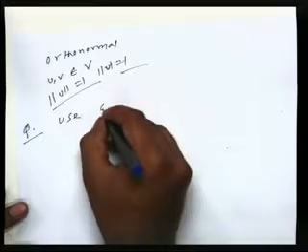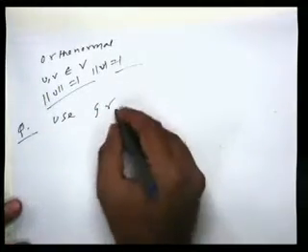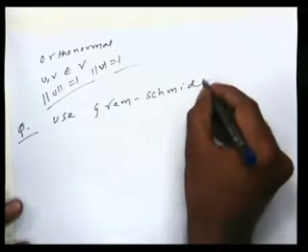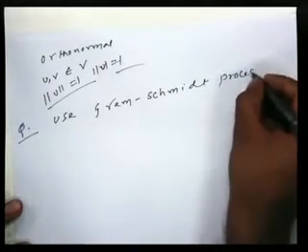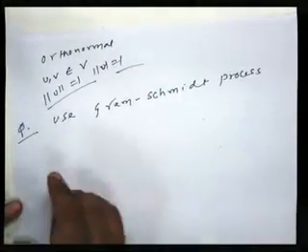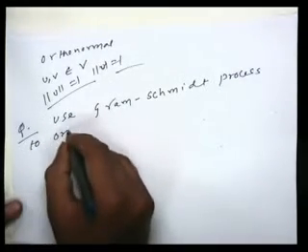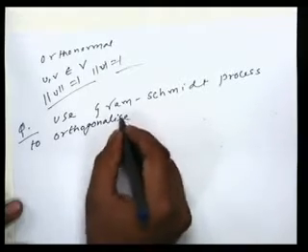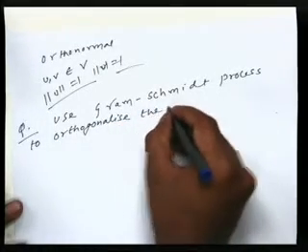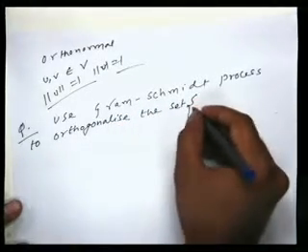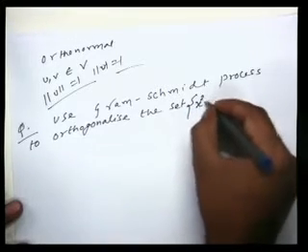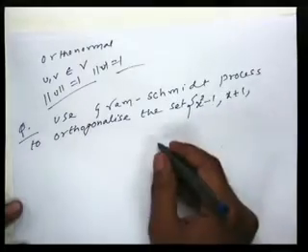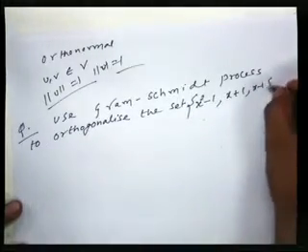Use the Gram-Schmidt process to orthogonalize the set x square minus 1, x plus 1, and x minus 1.